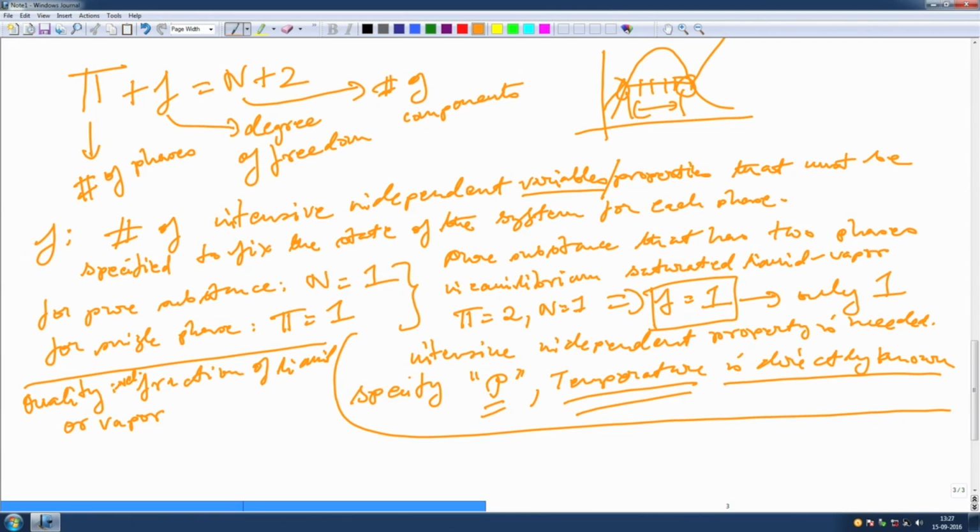Any saturation chart will actually show you that. Okay. So, I think this part is quite understood, that the Gibbs phase rule gives an important tool to calculate the number of variables that you need, and this would be vitally important as we will see in the later part of this particular course.